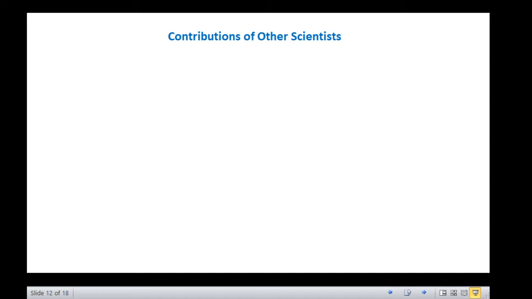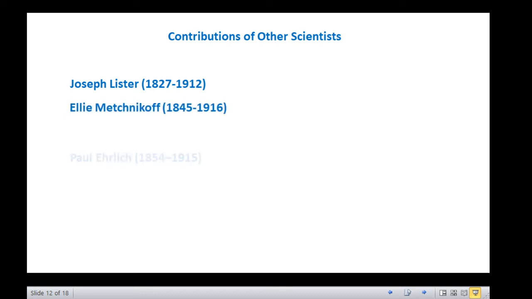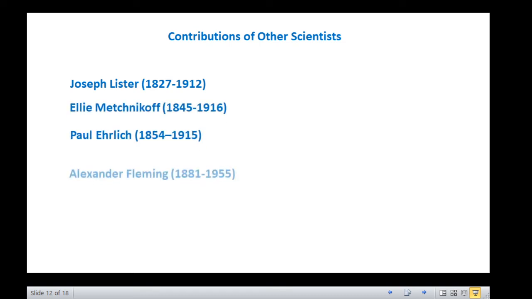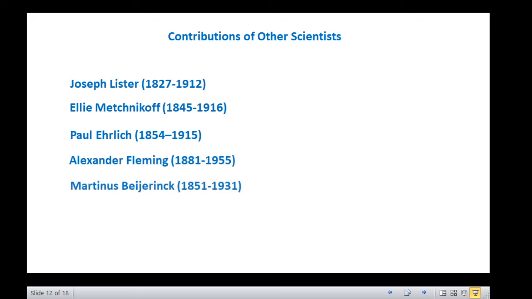But I believe sincerely that the history of microbiology is incomplete without the discussion of a few more scientists, particularly Joseph Lister, Elie Metchnikoff, Paul Ehrlich, Alexander Fleming, Martinus Beijerinck, and Sergei Winogradsky. Hence, we will quickly go through the contributions made by these genius scientists in the field of microbiology.